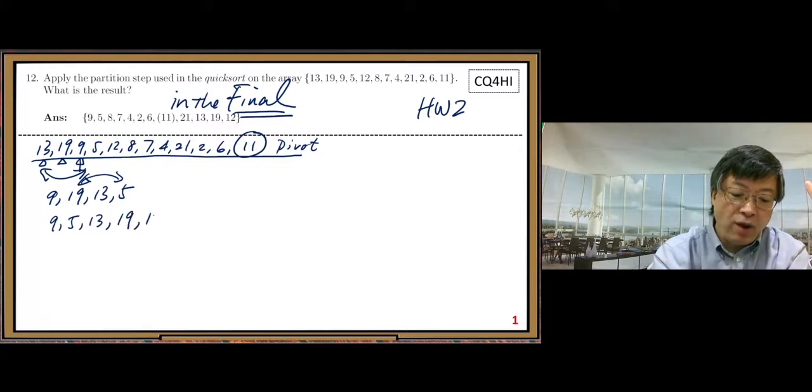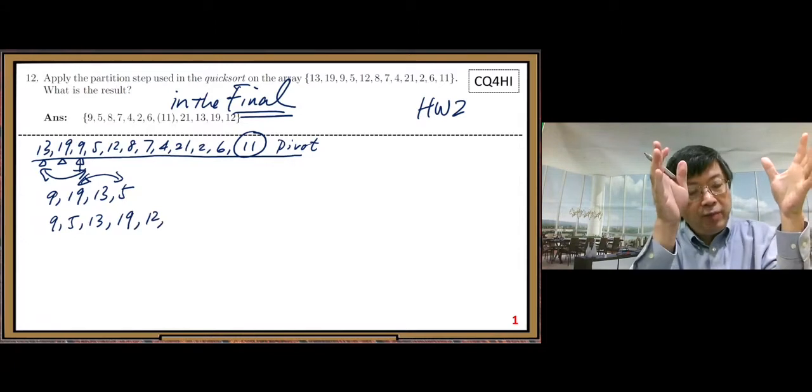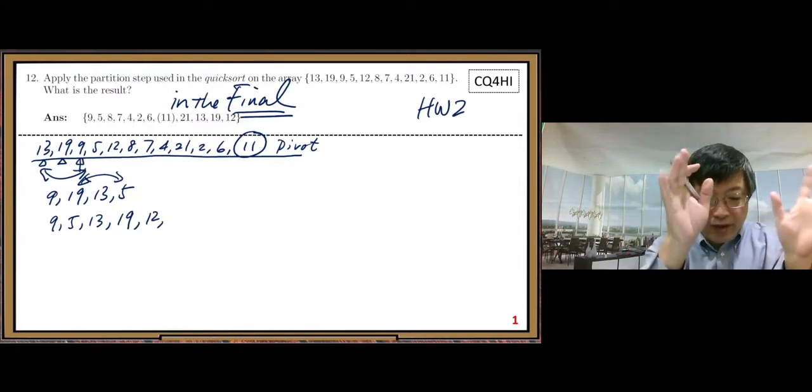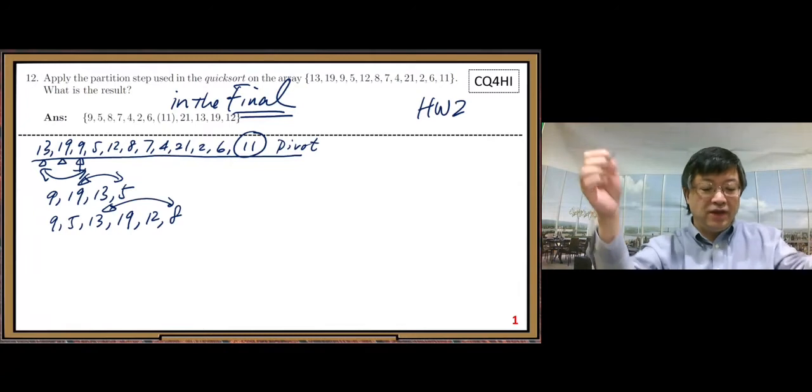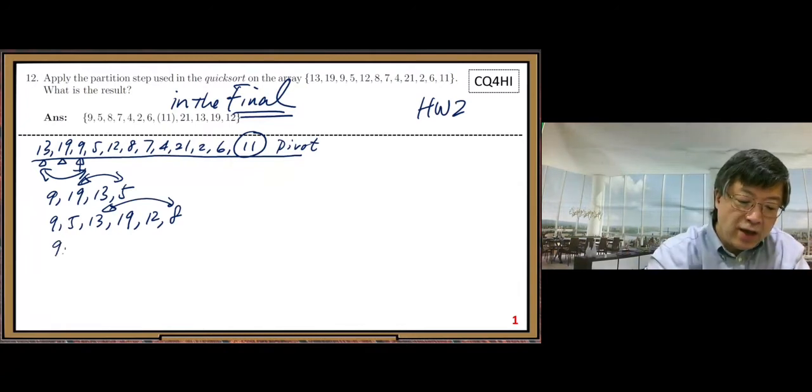Next one, 12 greater than the pivot. So stay there. 8 less than, swap operation, like this. So 9, 5, 8, 19, 12, 13.